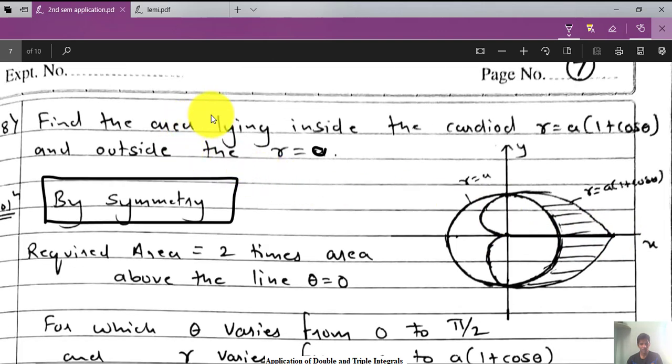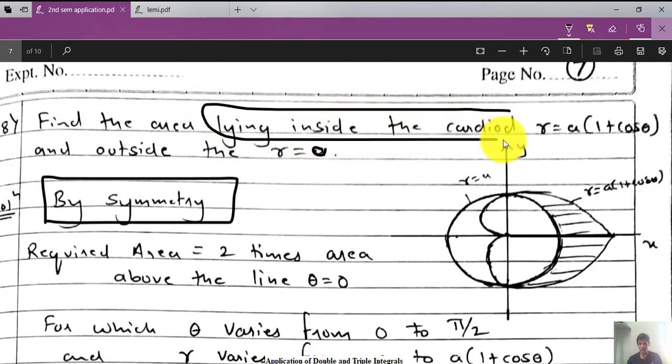So the area lying inside the cardioid and outside the curve r is equal to a. This is not 0, this is a.